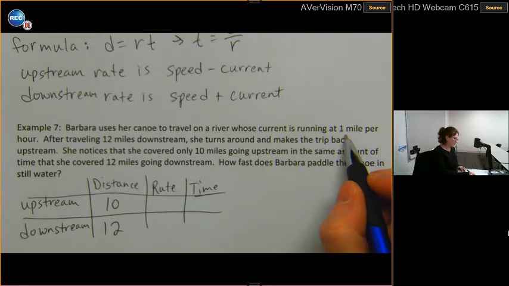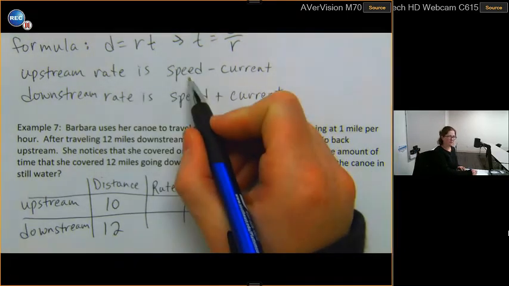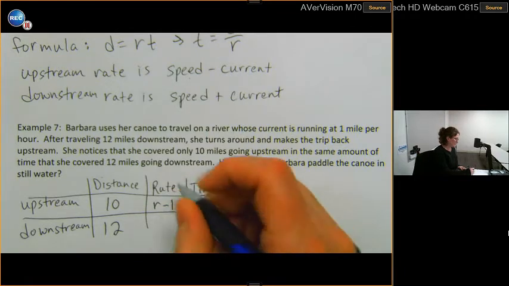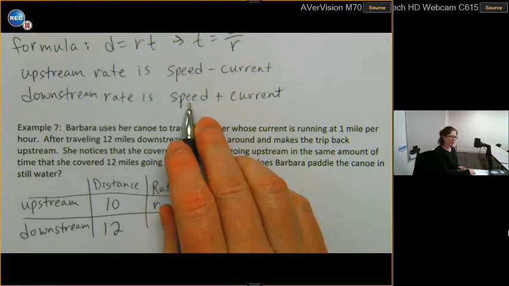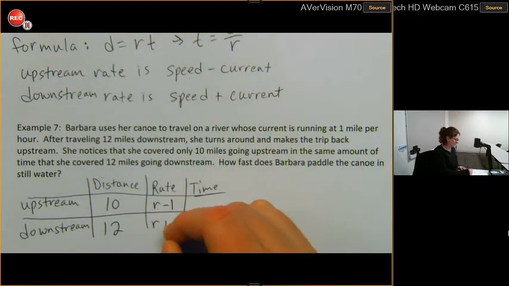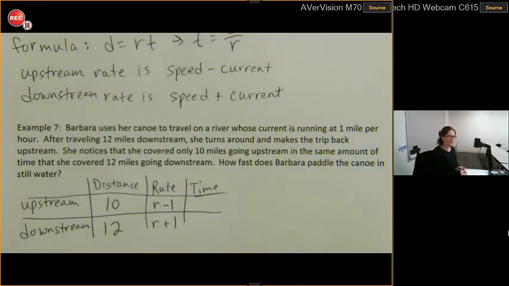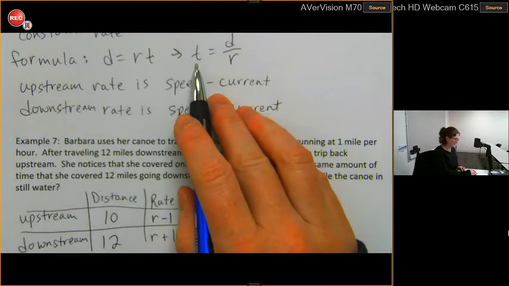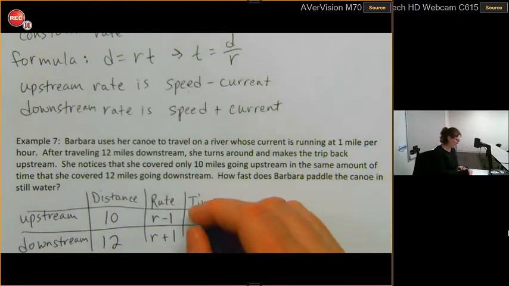So upstream, it's going to be her variable, we're going to use an R for rate, minus 1. And for downstream, it's going to be R plus 1. By our formula, the time is going to be the distance divided by the rate.